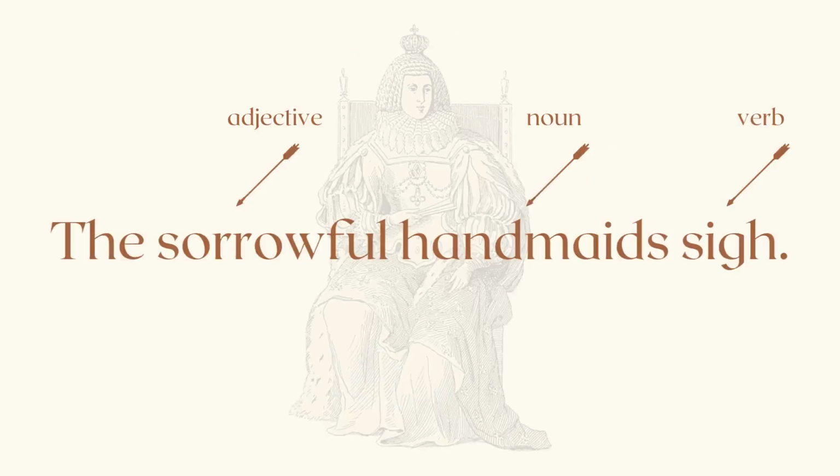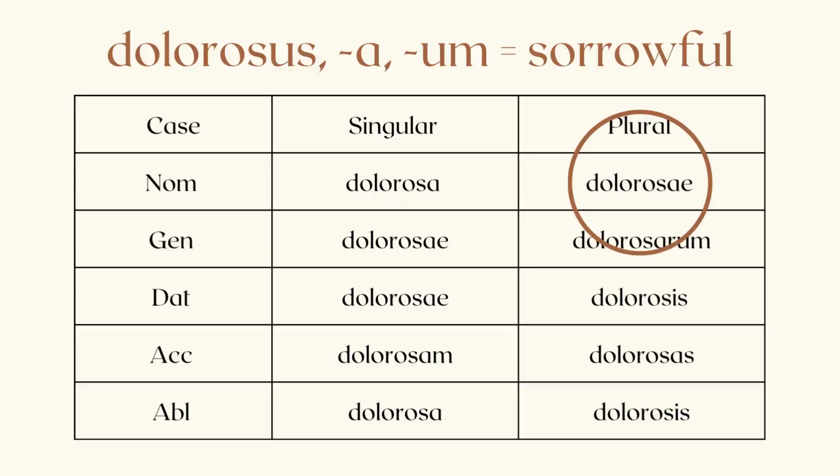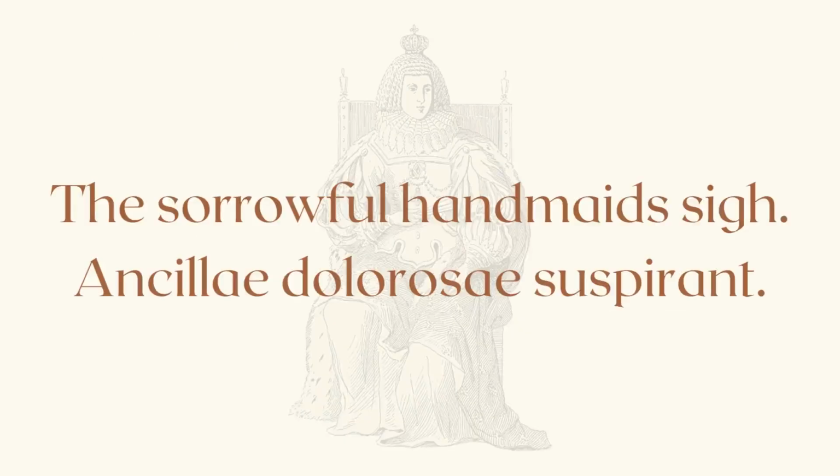Our adjective sorrowful needs to agree in gender, number and case with ancillae, and sorrowful in Latin is dolorosus, dolorosa, dolorosum. So what we need for this sentence is dolorosae, feminine, plural, nominative form. And our entire Latin sentence is ancillae dolorosae suspirant.